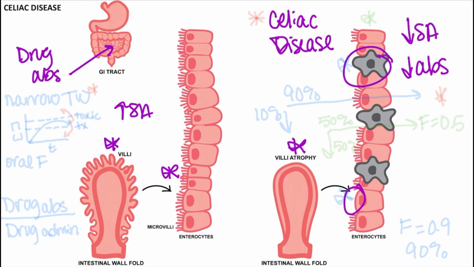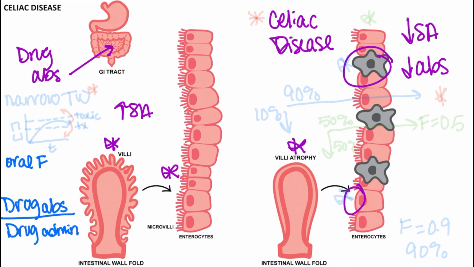So let's go over an example. So we talked a little bit about bioavailability, or F, before, but we will revisit the concept of oral bioavailability again today. And remember, this is just the fraction of drug that gets absorbed. So drug that makes it in over the total amount of drug administered.